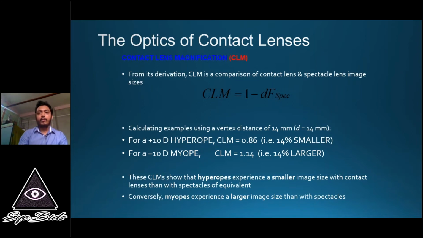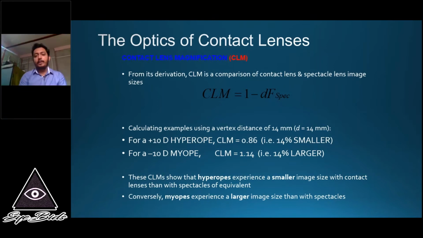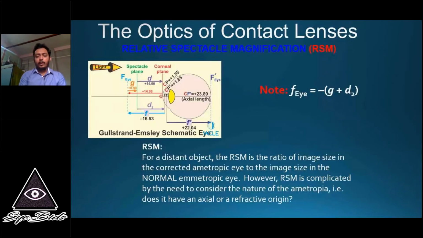So if you go for a contact lens in a myope, the patient will see a little bit larger image than with the spectacle, and in a hyperope, the patient will see a little bit smaller image than with the spectacle.